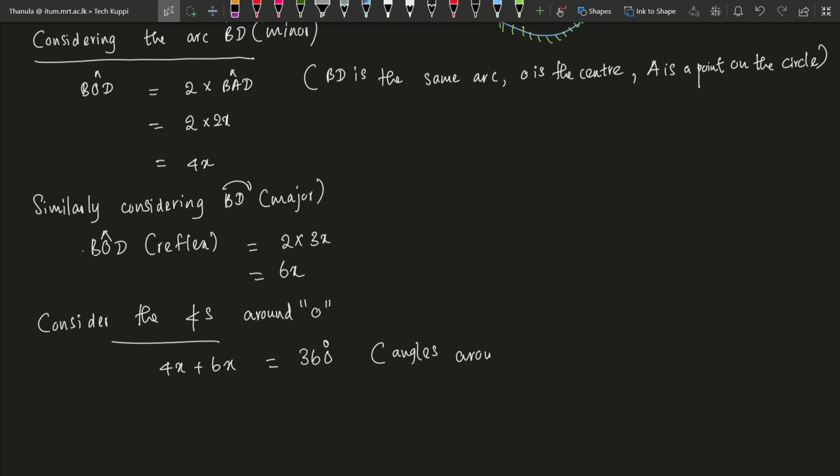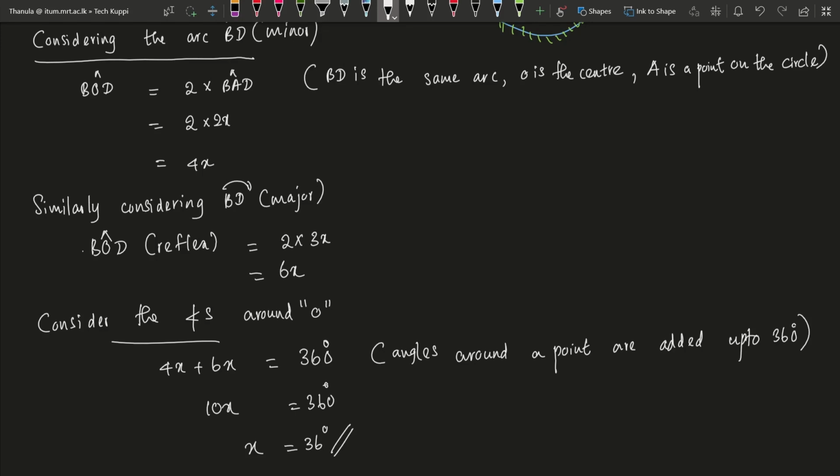Angles around a point are added up to 360, right? So 10x is 360, therefore x is 36, right? That's the answer.